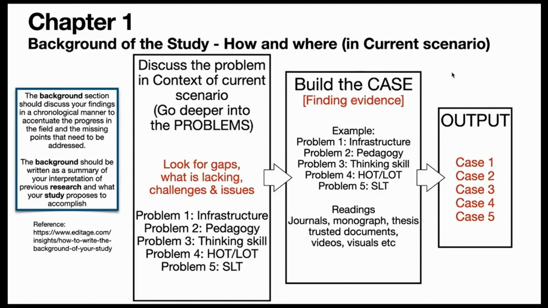Prof, for building the case, finding evidence, this means that we are looking for articles or journals to prove or disprove the problem that we are analyzing, is it? Yes. You need to compare. Let's say in one journal you find 3 articles, you need to compare them. You need to argue if you disagree.